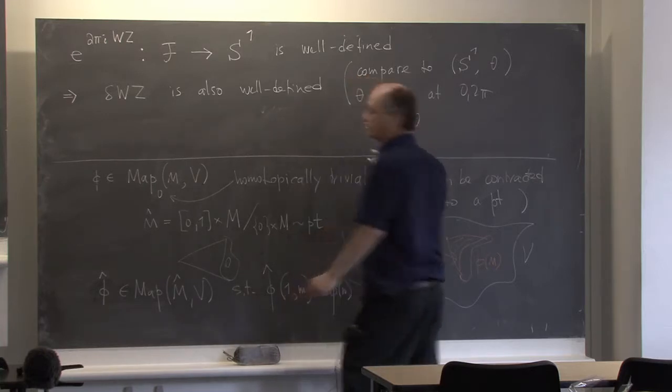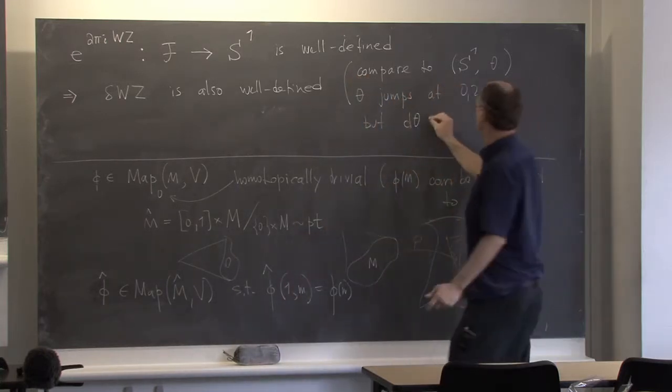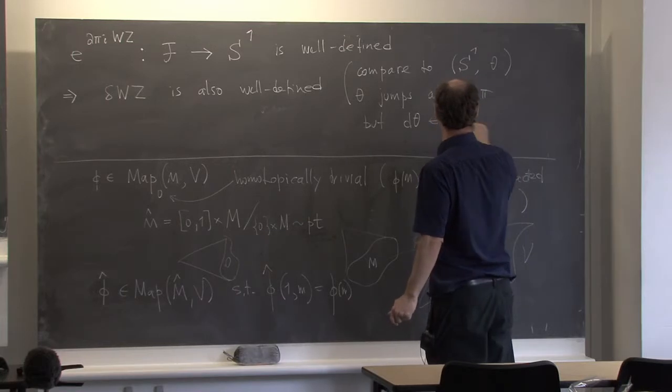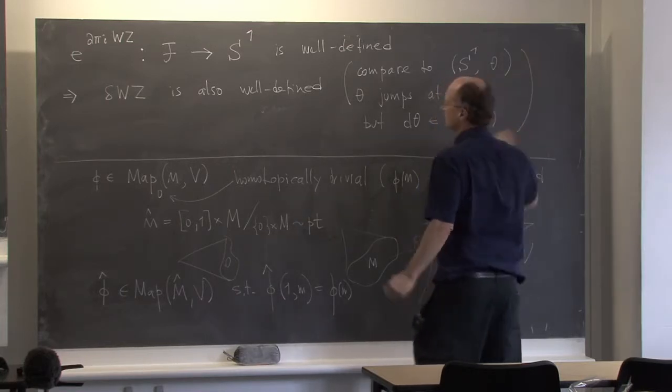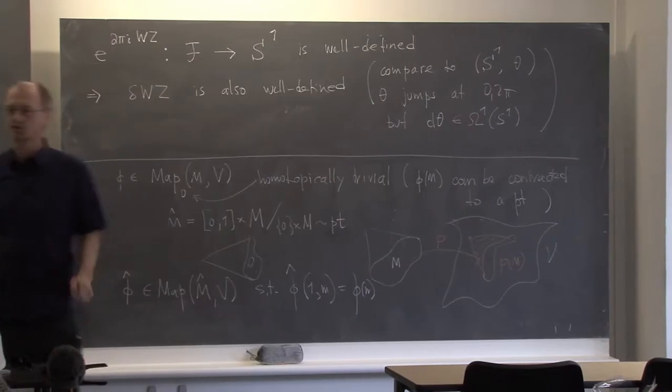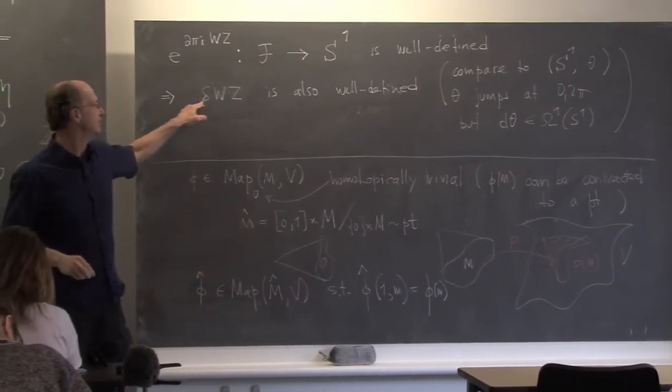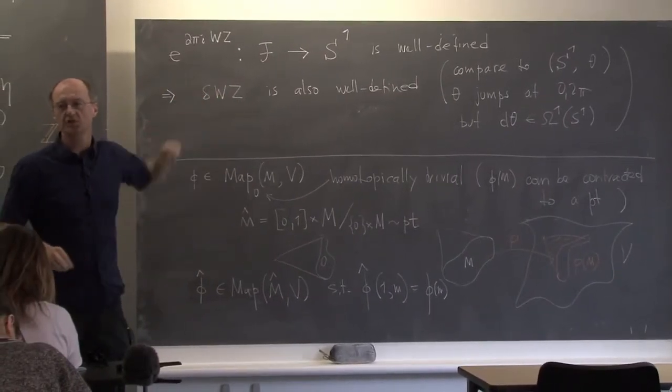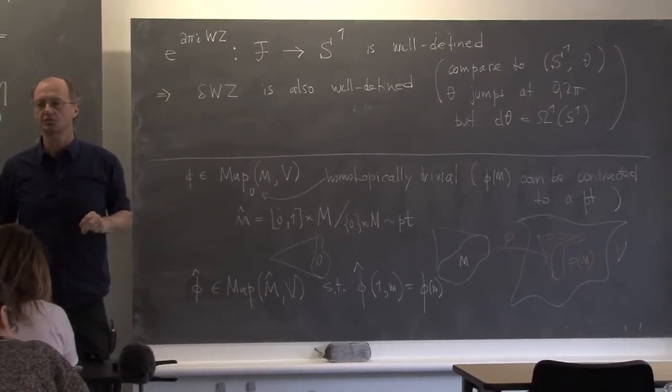But the differential of this function is a well-defined one form on S1. So that's similar here. So delta WZ is a well-defined one form.